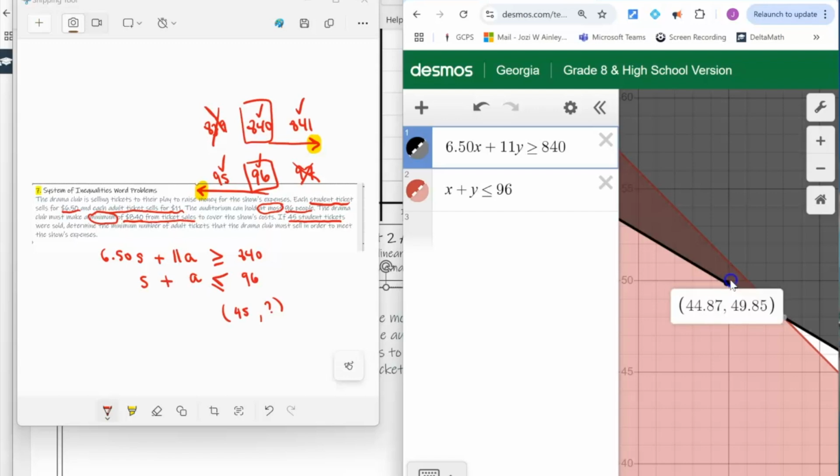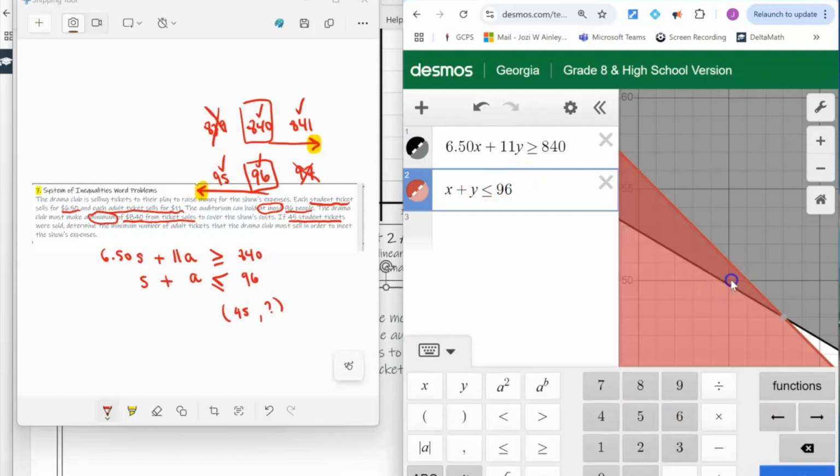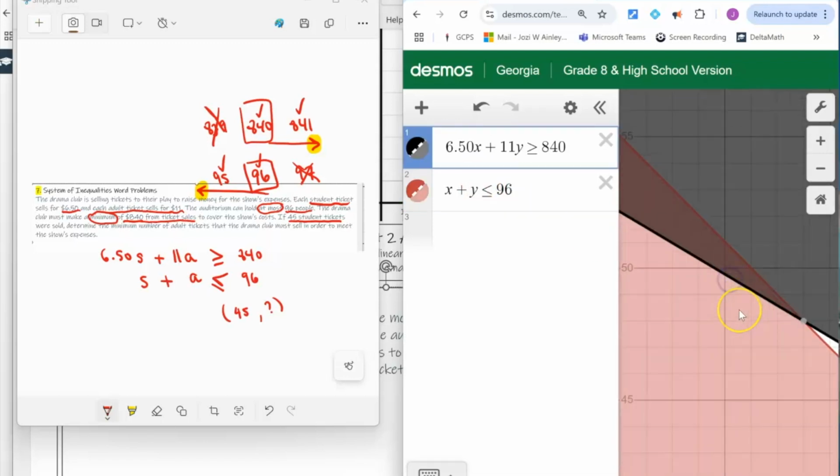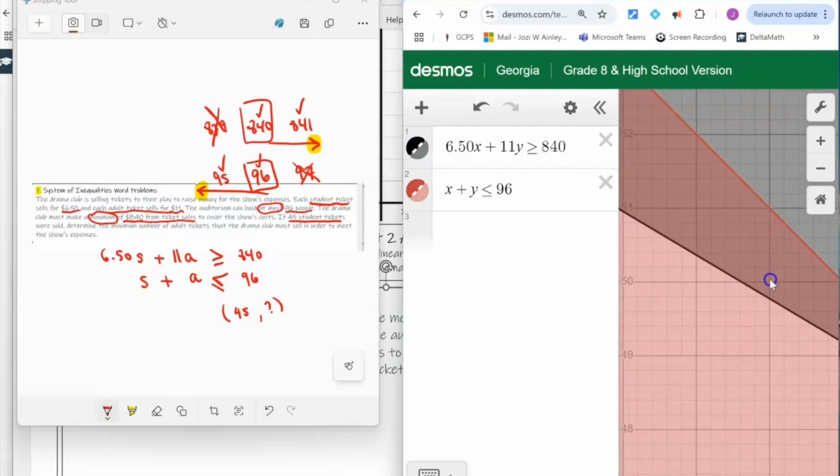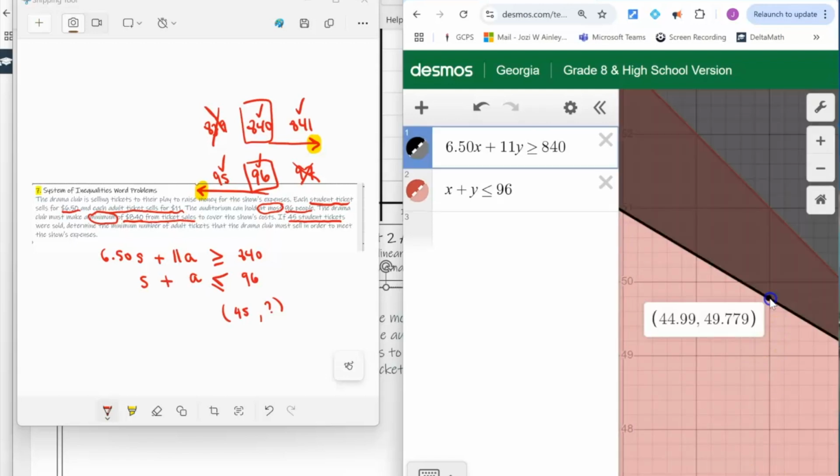Okay, I'm going to zoom in a little bit more. Here's 45. I guess it's not going to let me click, so you have to read it yourself. So here's 45. You cannot have 44.99. So I have to go to the next whole number, which is 50. So if I have 45 student tickets, then my adult tickets are 50.